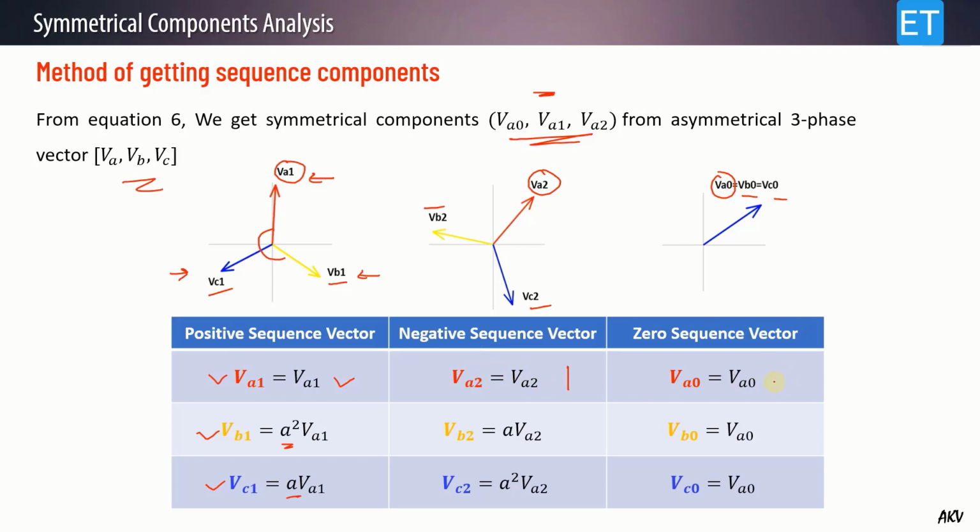And here there is no phase sequence. All vectors are equal and in the same direction. So obviously VA0 equal to VA0, VB0 is also VA0 and VC0 is also VA0. So from this table you can find these total 9 components, I mean 3 sets of 3 vectors.